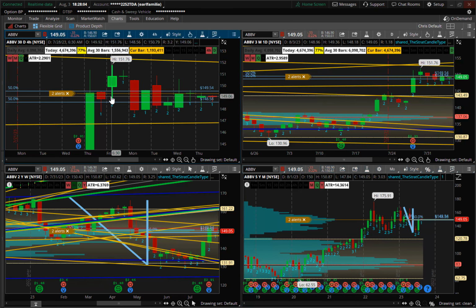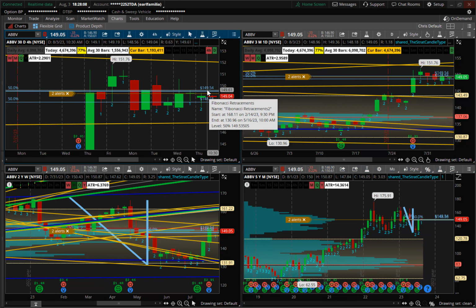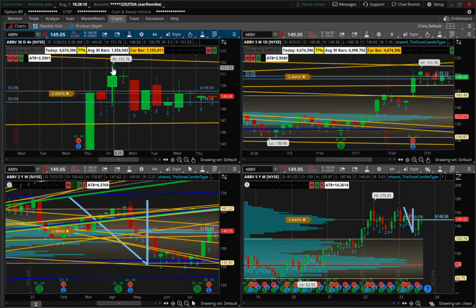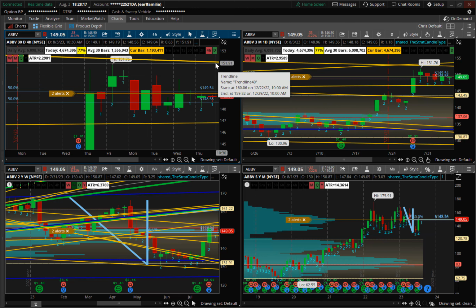I think honestly, for me, with the squeeze potential right here, I'm looking at initial targets probably to the high of this range, 151.76, but then ultimately I'm looking at this initial broadening formation, and that's why I kept asking the crew if they had any smaller time frame BFs in between that range where price is, because those could be smaller target levels too, depending on what your objective of your trade is.